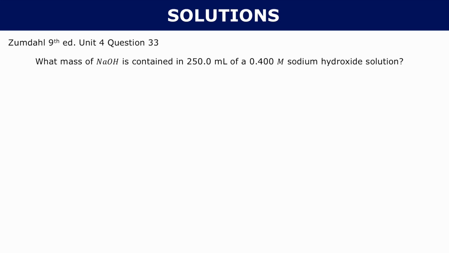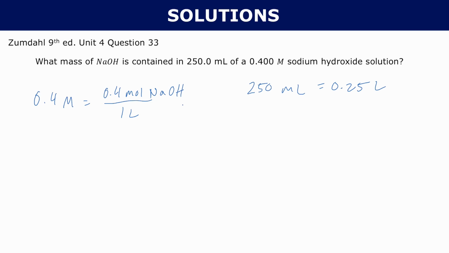Okay, let's get a bit of practice with these concentration units, and specifically molarity. What mass of NaOH is contained in 250 mL of a 0.4 molar sodium hydroxide solution? First of all, this 0.4 molar represents that in 1 liter of solution, you have 0.4 moles of NaOH, sodium hydroxide. So if you have 250 mL of this solution, you have 0.25 liters of solution.